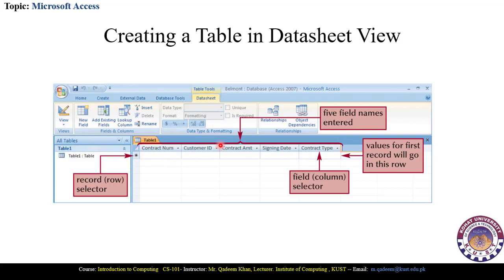All these different columns are the attributes here. So the values for the first record will go in this row here. If this is empty, that means we need to type the different values of these attributes here. So five field names should be entered here. It depends on the type of entity that we are going to store here.